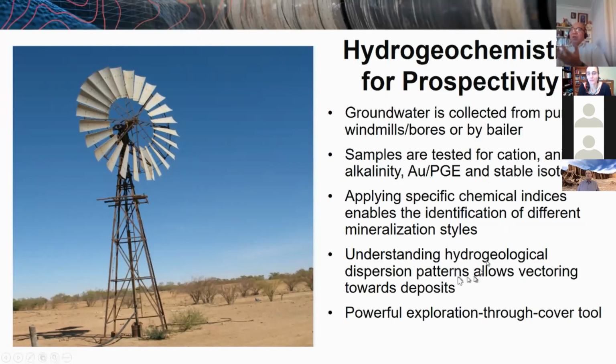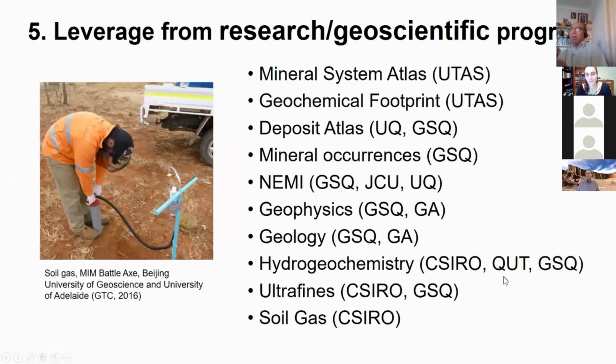It is a multi-element chemistry of 60 elements where we could apply all these indices to understand the different mineralization styles. Also, we take the depth of the water table, and this information is very useful to vector the water flow, and therefore we could use the anomaly to predict where potential mineralization is.